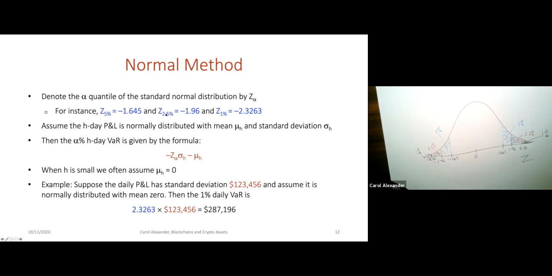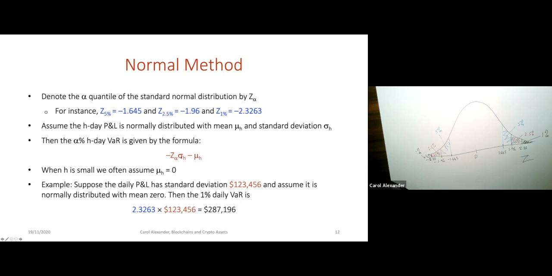So if alpha is 2.5%, we use 1.96 for minus Z alpha. If alpha is 1%, we use 2.33 or 2.3263. So for a 1%, we'd use 2.3263 for this minus Z alpha here. We almost always assume that this mu is 0. So it's just the sigma H that we need.